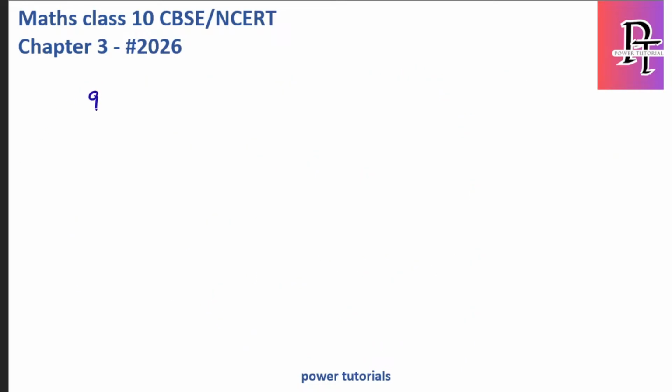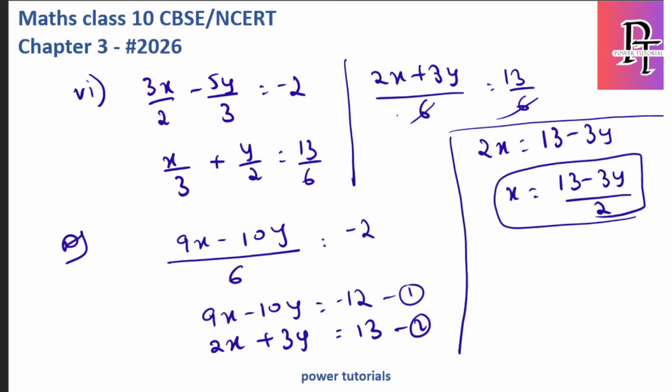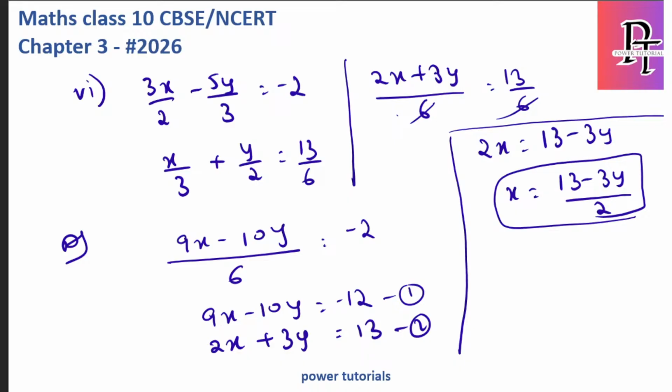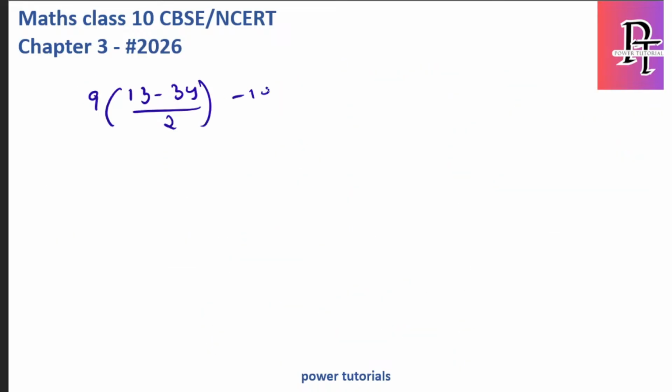So let's substitute x value in the first equation. So this becomes 9 into 13 minus 3y by 2 minus 10y is equal to minus 12. So here if I take multiplication, it becomes 9 into 13 minus 27y minus 20y is equal to minus 12.